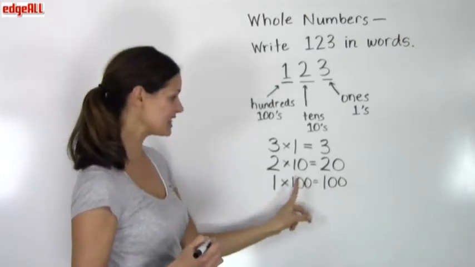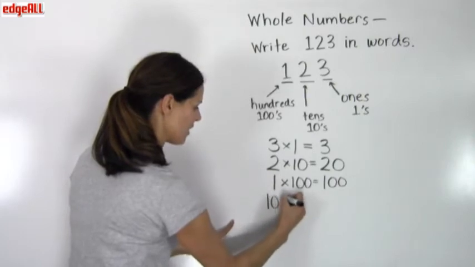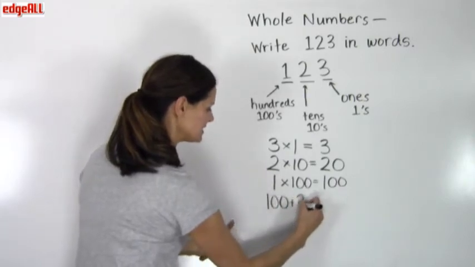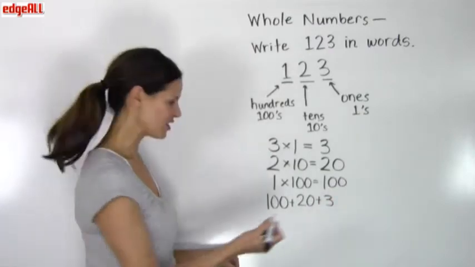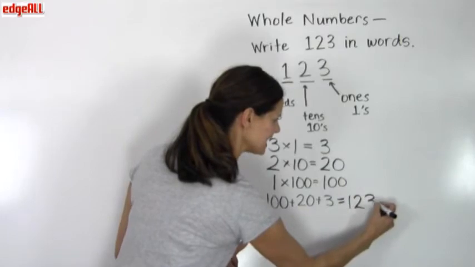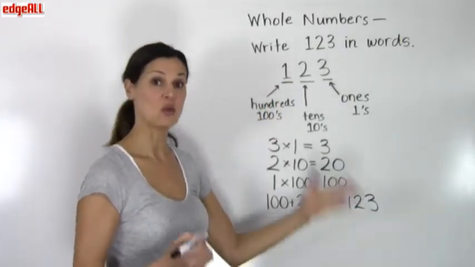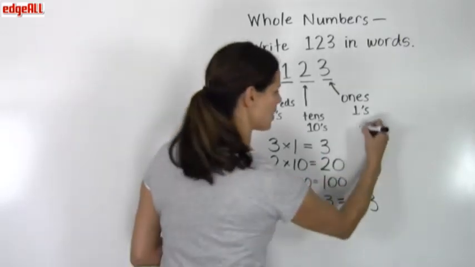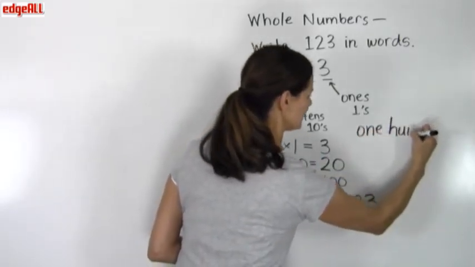If we add these together, we have 100 plus 20 plus 3, which gives us our total value of 123. Now, if we're going to write that in words, we would write it like this.